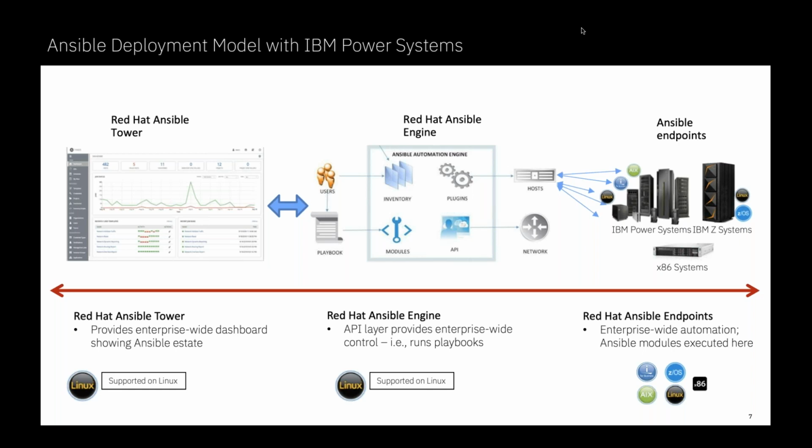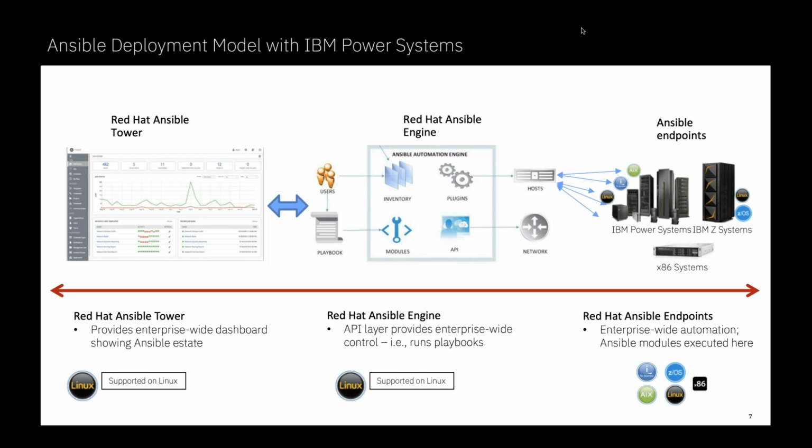And then where we've injected Power Systems, as you can see, is on the far right. From an endpoint perspective, we now have full commercial support for AIX and IBM i. And in fact, even our friends in IBM Z for the mainframe business have enabled z/OS as well. So now you can get full subscription support for AIX and IBM i platforms on the Power compute architecture.